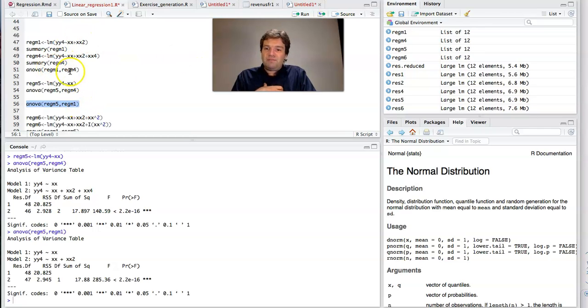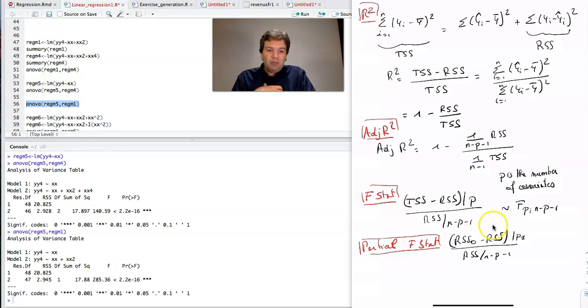In the previous case, the reduced model had 1 covariate and the full model had 3 covariates, therefore P1 was 2.